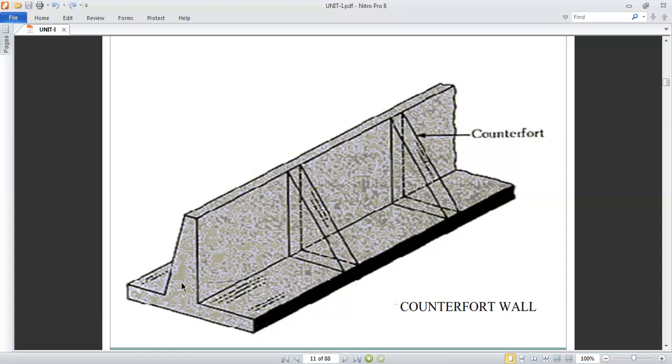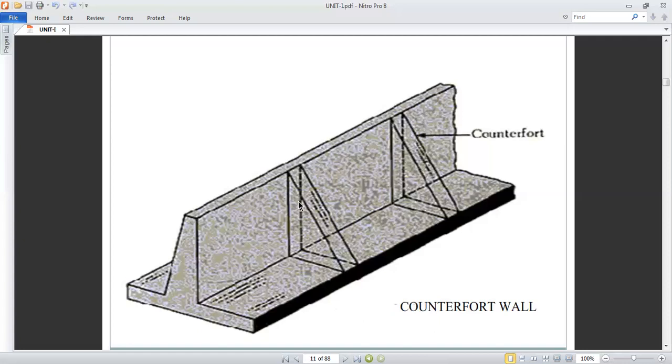So the smaller portion is the toe and the larger portion is the heel. The vertical member we call the stem. This additional member, the counterfort, acts as a tension stiffener, so it is great at withstanding tension. The spacing from one counterfort to the next is slightly larger than the height of the counterfort.